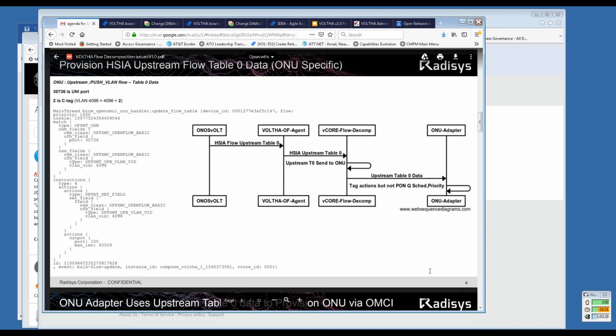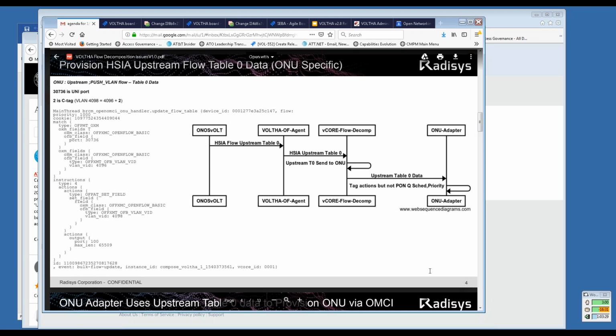Again, in this table, there's only tag actions. There's no technology profile. So the ONU adapter can't really create anything for the OMCI MEs at this point because it doesn't know what resources to use, what GEM ports are being used, the Alloc ID, etc.